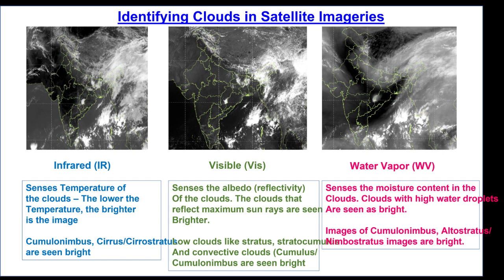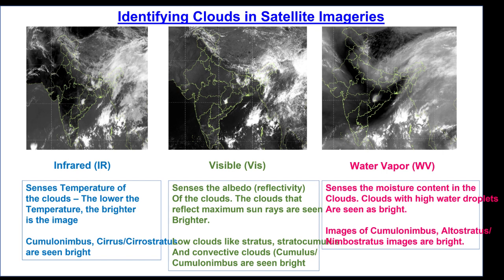Okay, coming to the water vapor picture, as I said earlier, it senses the moisture content in the clouds. The water droplets are maximum in the middle level clouds, that is altostratus and nimbostratus, which generally give us showers or rain of continuous nature. On the other hand, the cumulonimbus clouds, which also grow vertically to great height, also hold a maximum amount of water or ice crystals.